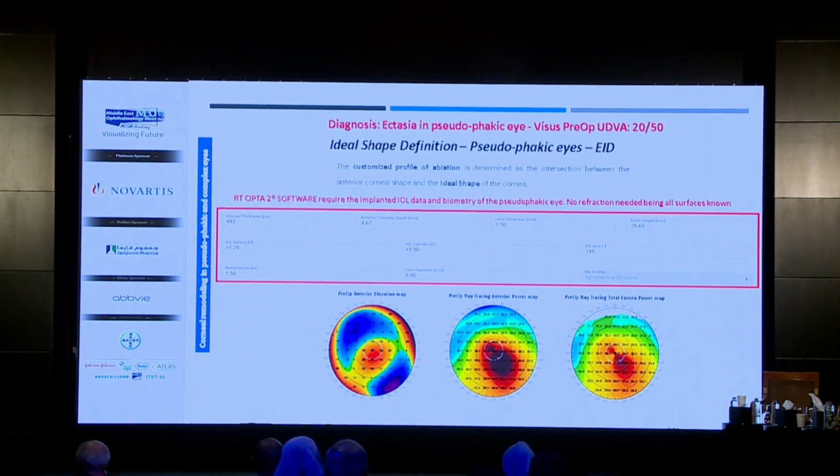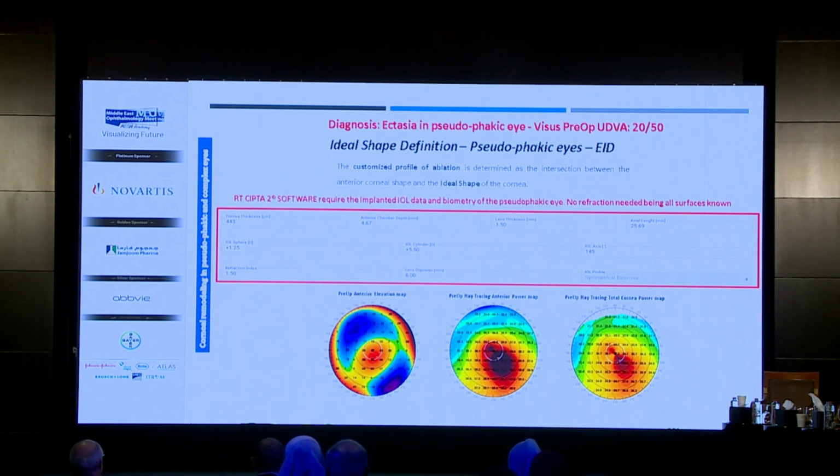This was a patient diagnosed with an ectasia who was implanted with a toric IOL with a not so good pre-op uncorrected distance visual acuity. This patient was not satisfied, so he came to our center for a visit and to do something to repair and improve his visual acuity and the quality of vision.